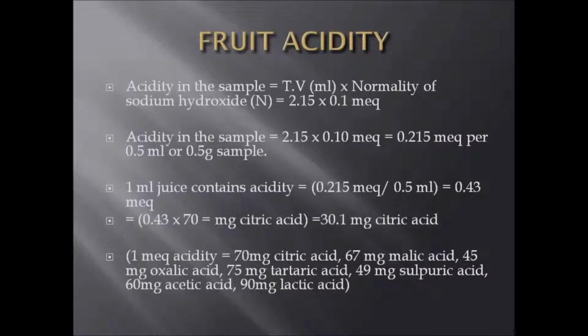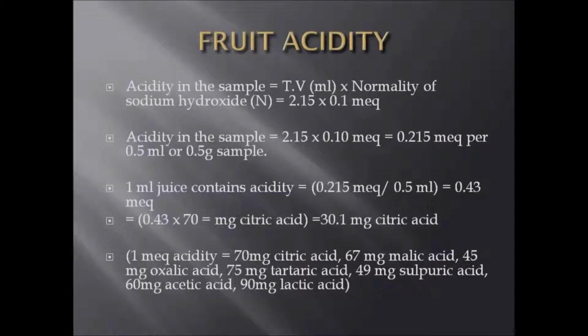For sulfuric acid, we have to multiply this figure with 49 milligrams. For acetic acid, you have to multiply this with 60 milligrams. Otherwise, for lactic acid, you have to multiply milliequivalents with 90 milligrams.